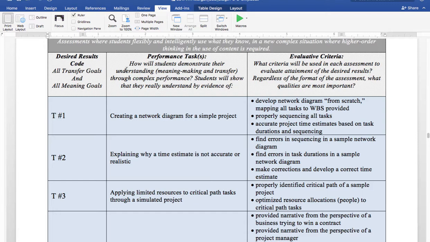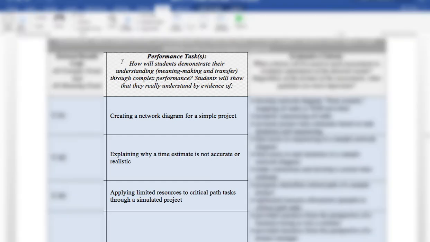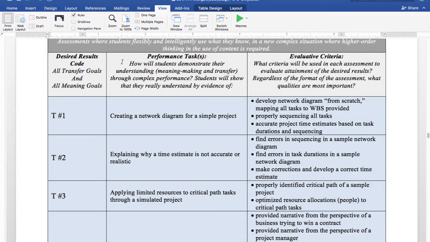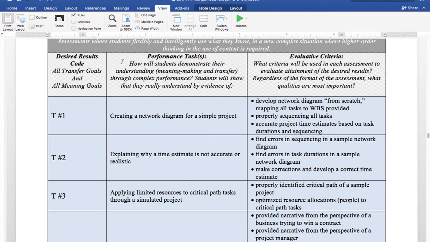And then there's a column for the performance tasks, which is the way in which students or participants would demonstrate their understanding. And then the evaluative criteria, which are the criteria being used to determine the success of the performance tasks.